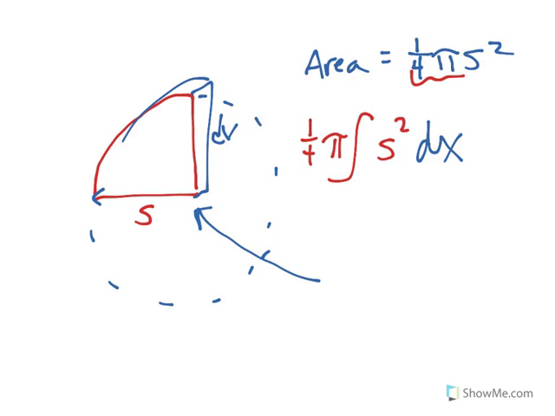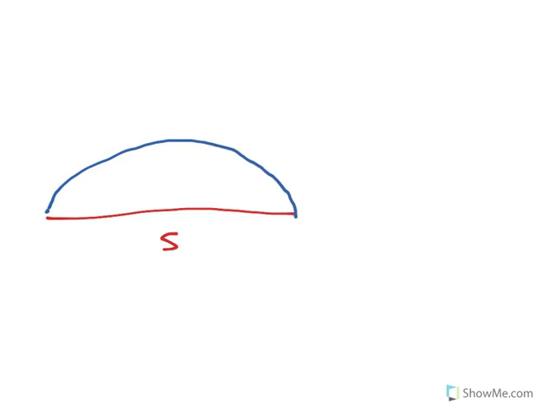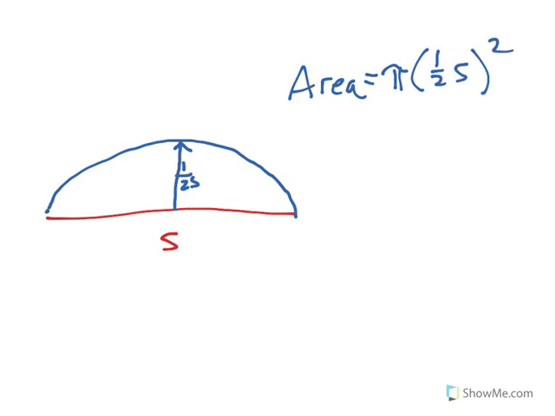So now let's talk about a 1/2 pi. And I know what you're thinking, it might be bigger, but it's not. S is the base. So S is the whole diameter. So what happens is the circle doesn't quite go up as high as it did before, because the radius is not S. The radius is 1/2 S. So the area of the face of that is equal to pi times the radius, which is 1/2 s, squared.